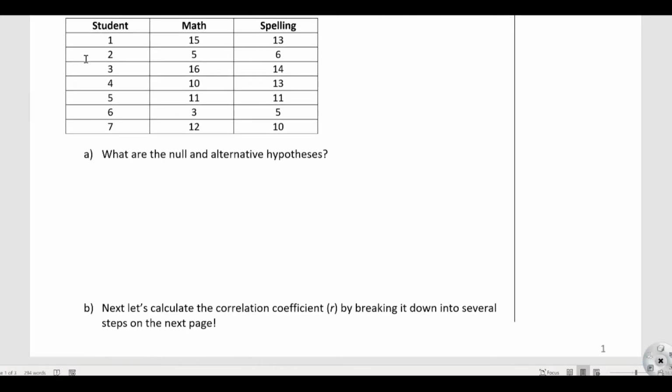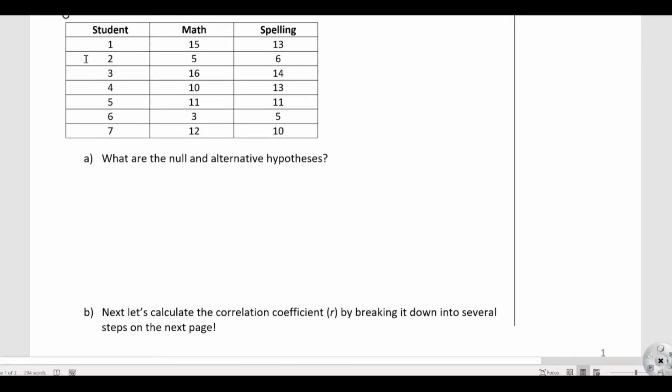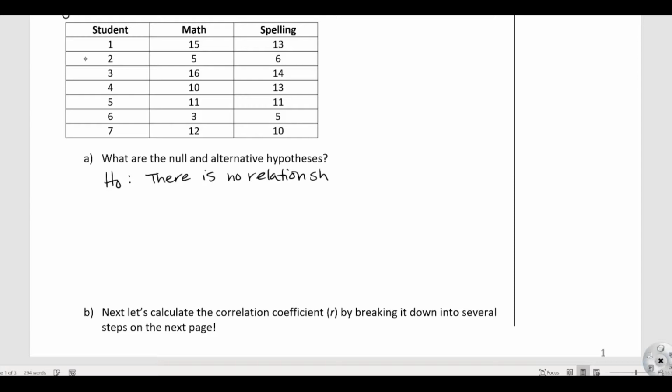So what are our null and alternative hypotheses in this case? So in this case, the null hypothesis would be that there is no relationship between their math and spelling scores.